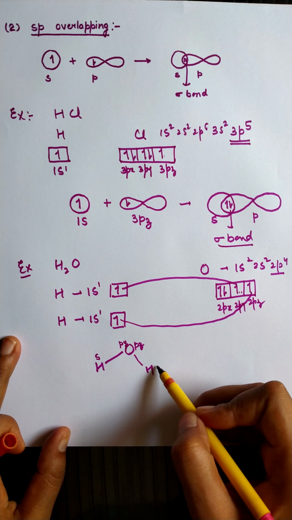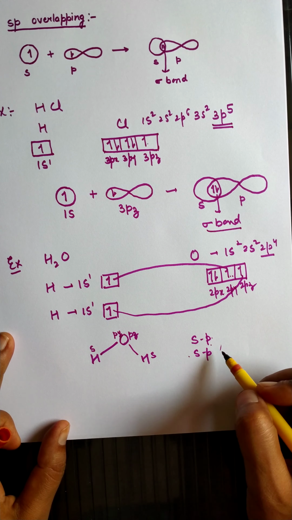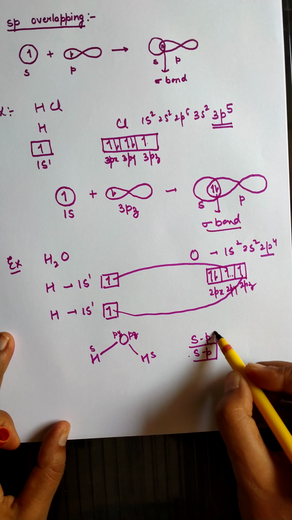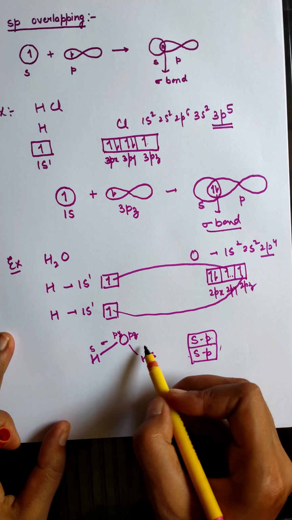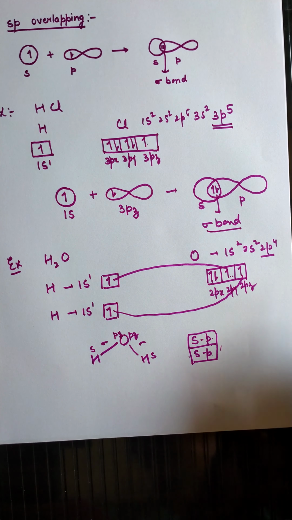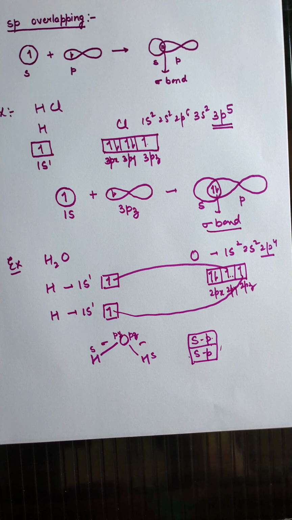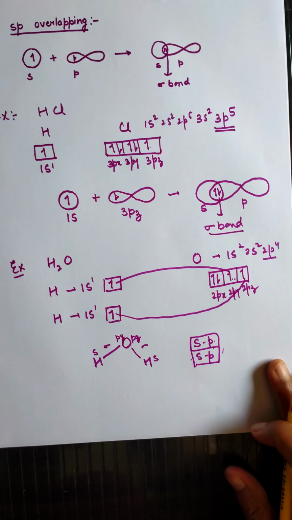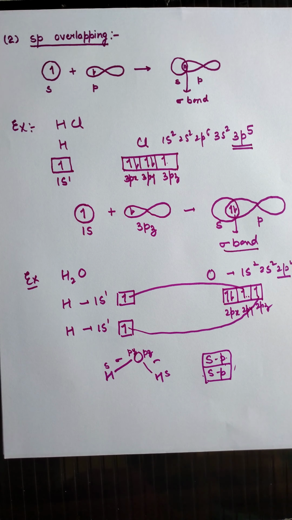So we have two sp bonds, and these are sigma bonds. We can take the example of NH3 also, in which sp overlapping is there only. So students, this is the second type of overlapping, that is sp overlapping.